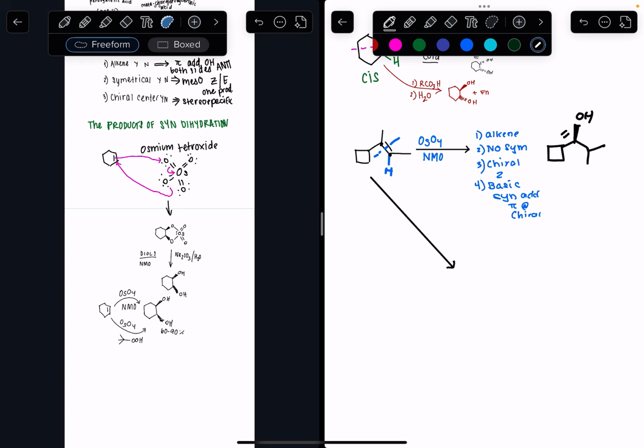All right, and syn, I want to keep them on the same side. Okay. How does that look?